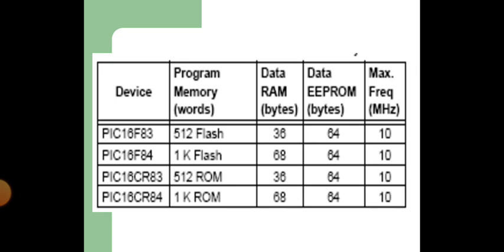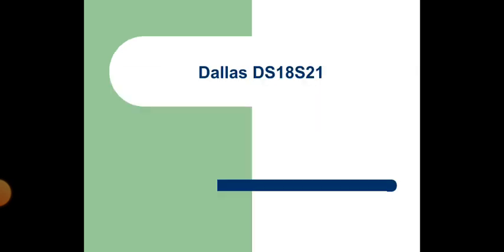It has a RAM of 36 bytes. It has a data EEPROM of 64 and a maximum frequency of 10, and so on and so forth, which we shall not be looking into details here.